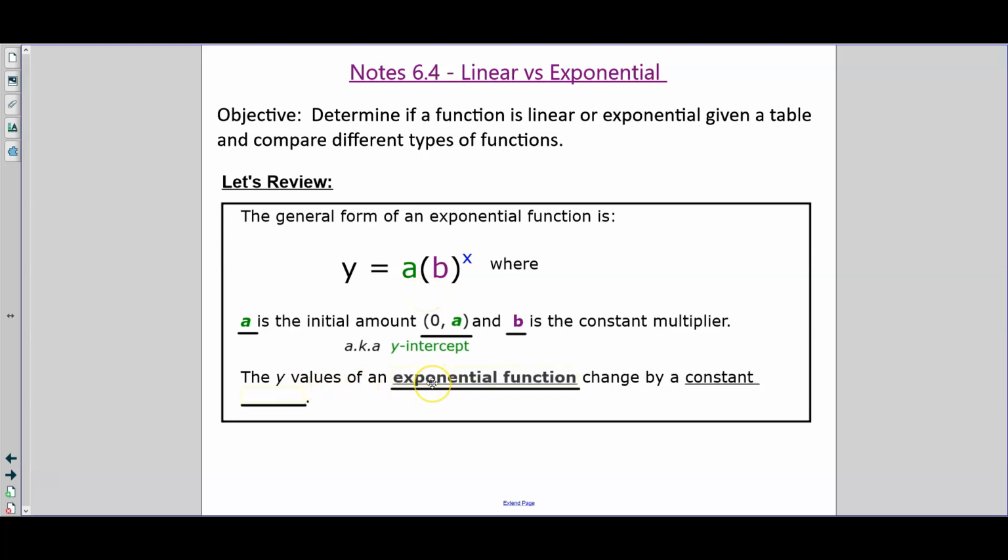Also, if you're looking at the bottom, the y values come out to whatever numbers you get because of the change caused by the constant multiplier. So that's the parts. There's really only two numbers you have to worry about, the a and the b.